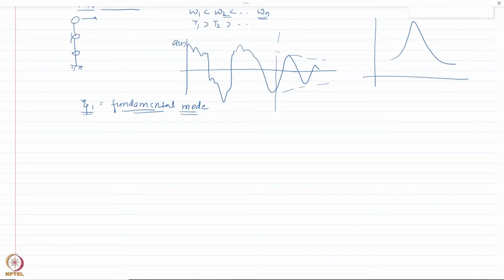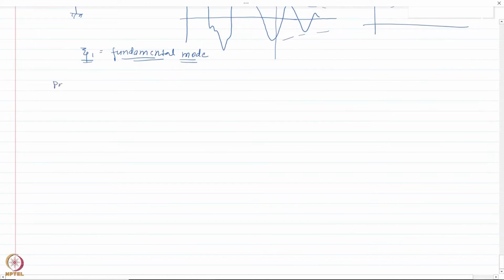We can also assume that the second mode might be close to the first mode and the damping might be similar, but we only know the damping for at most one or two modes. So are there any methods through which knowing the damping for one or two modes would allow us to find the damping for all other modes? That is the problem statement here. To overcome this limitation, we consider proportional damping.